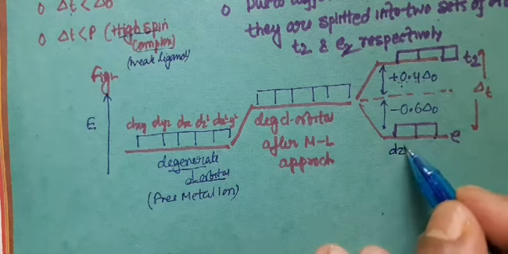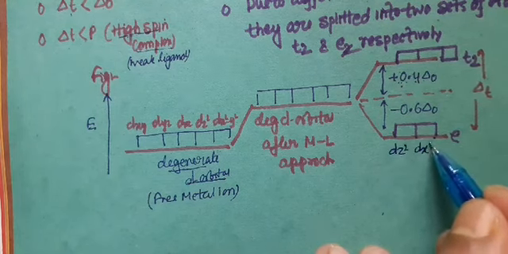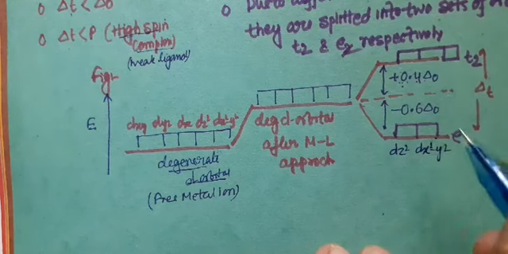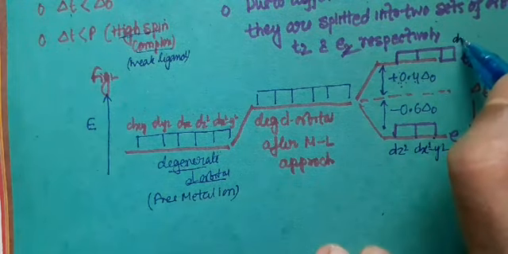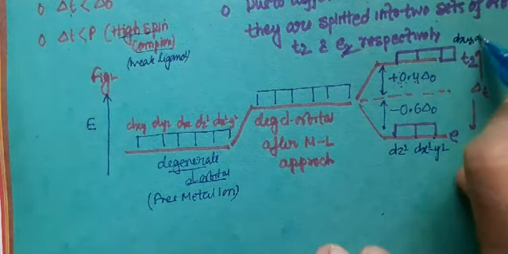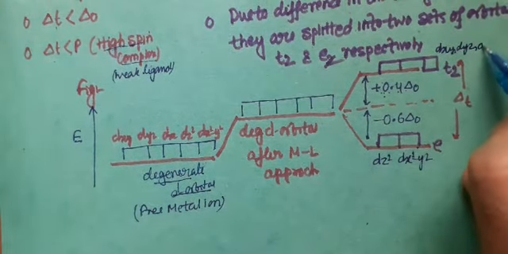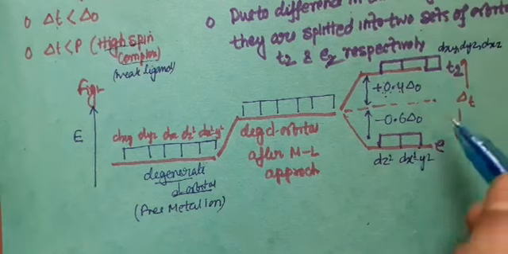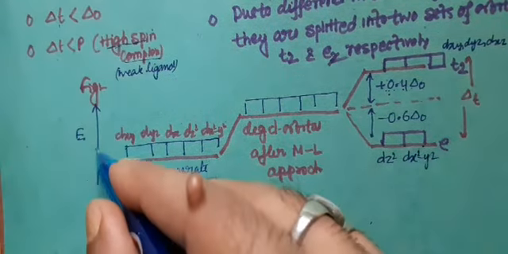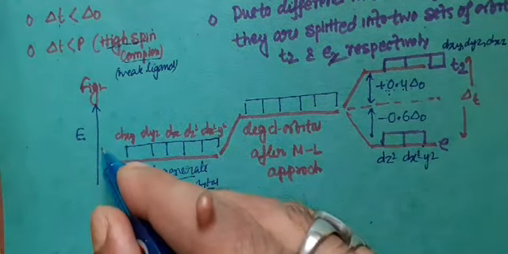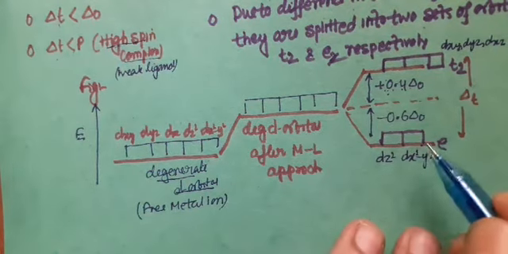E contains dz square and dx square minus y square orbitals, and T2 contains dxy, dyz and dxz.